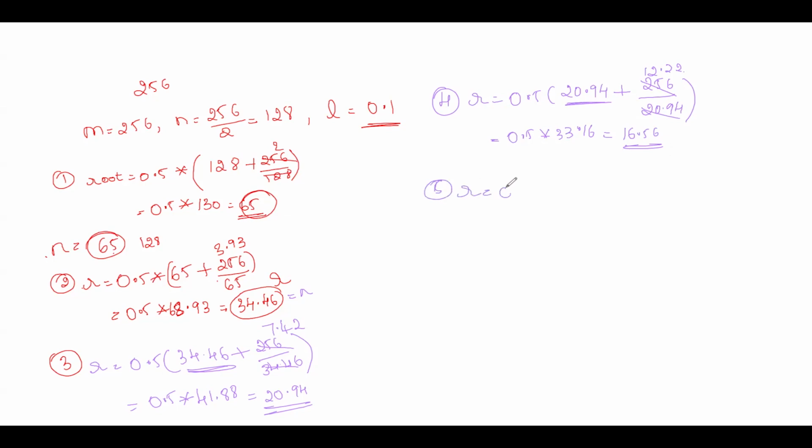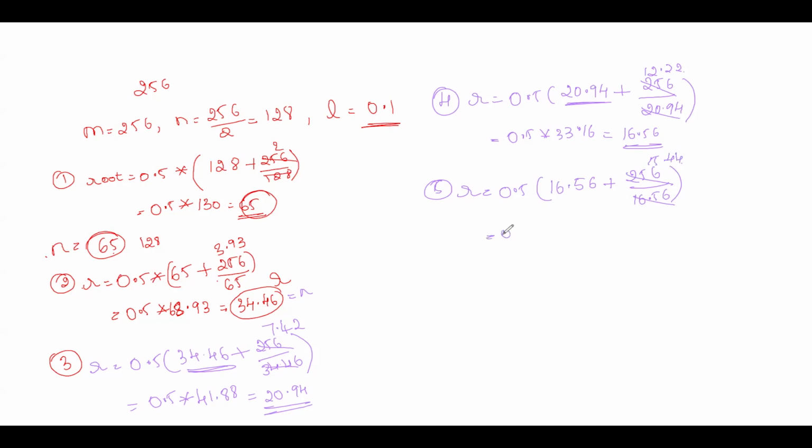I will say r is equal to 0.5 into, my new n value is the root value of the previous iteration, which is 16.56, plus 256 divided by 16.56. When you calculate this, you will get around 15.44.